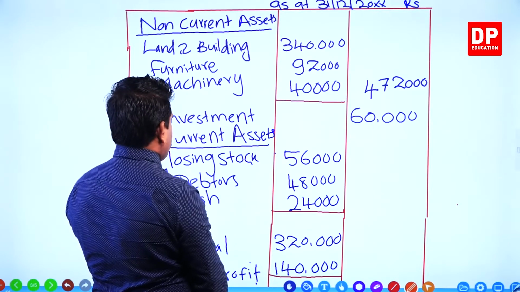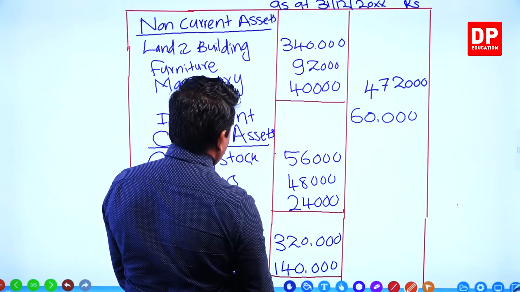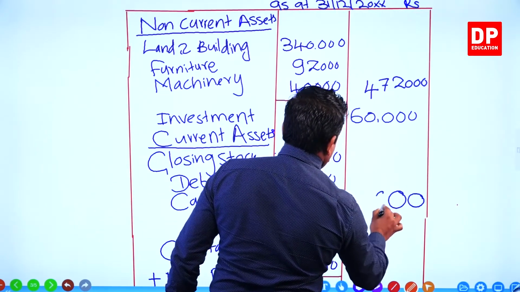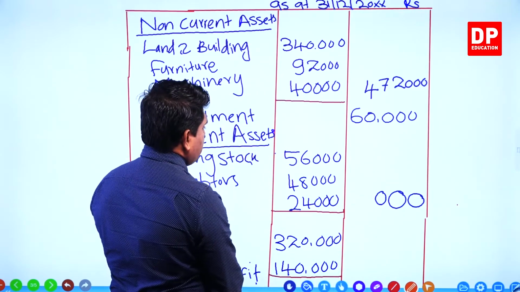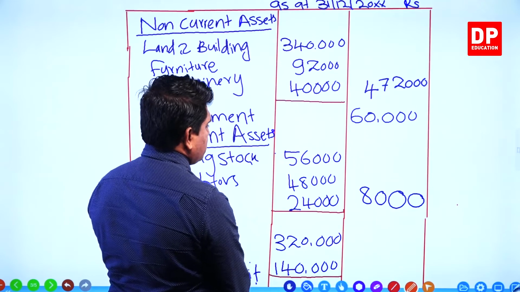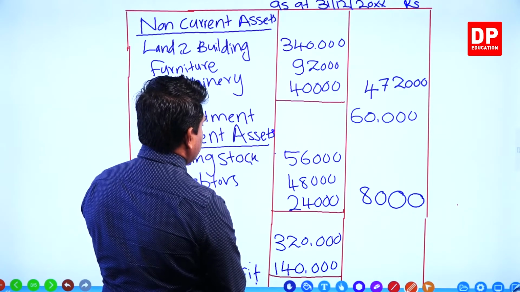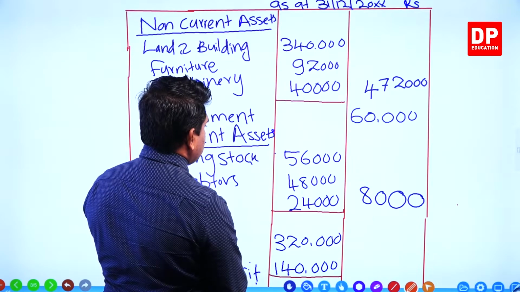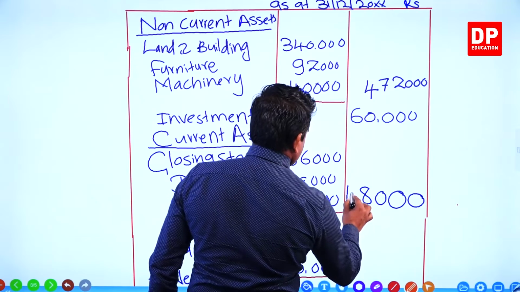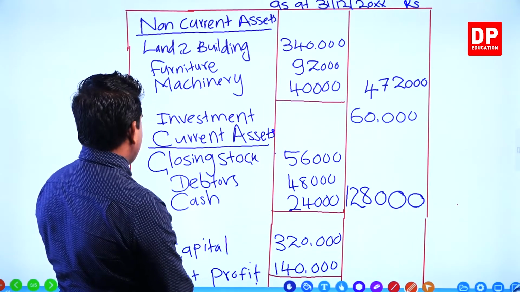Here 60,000, okay. Then current assets, we'll see. We can get it: 0, 0 and 0, okay. Then 18,000, then 12. So 128,000, right? It is the asset side.